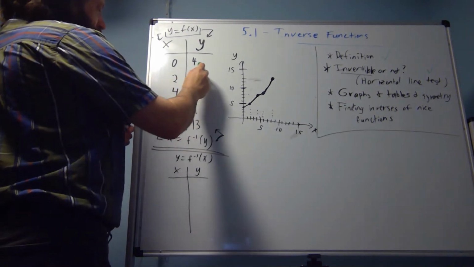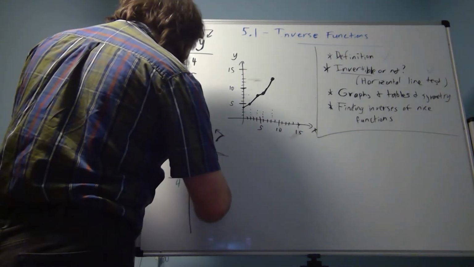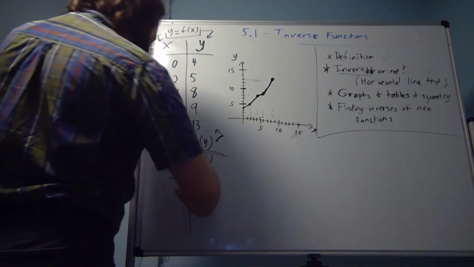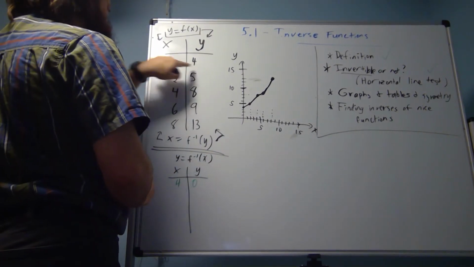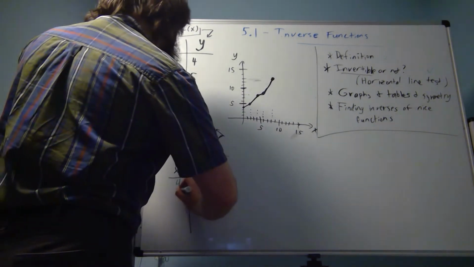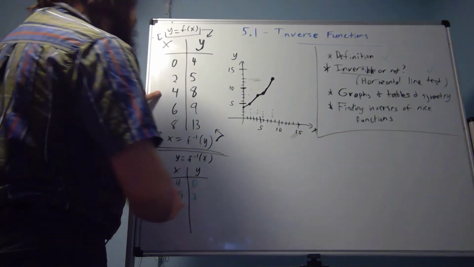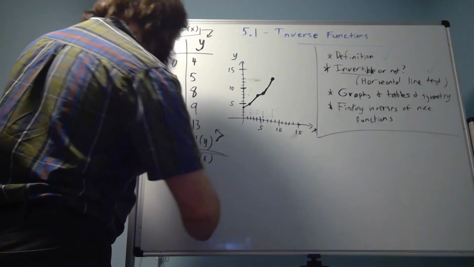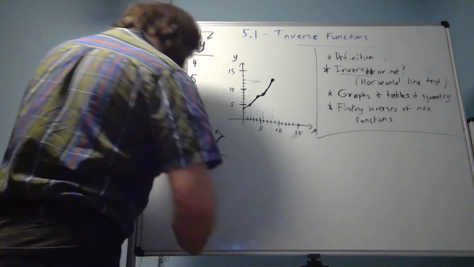So the function that does the opposite of this takes that output and gives you the original input back. So 0, 4 becomes 4, 0. The function that goes backwards, it's like if this were x and x squared, then the square root function would be going backward. It's just all the same ordered pairs in the opposite order.